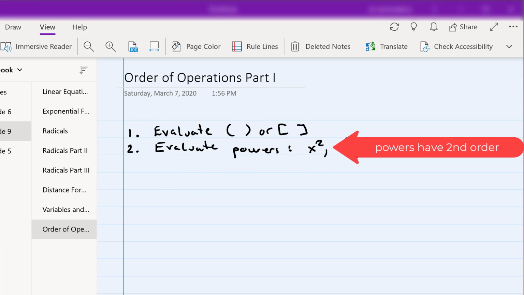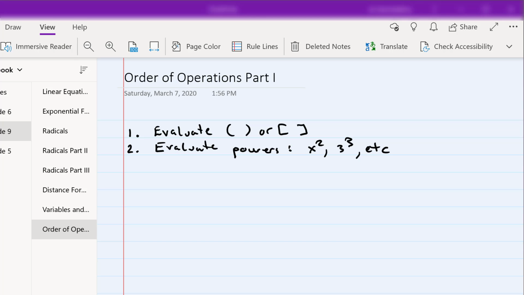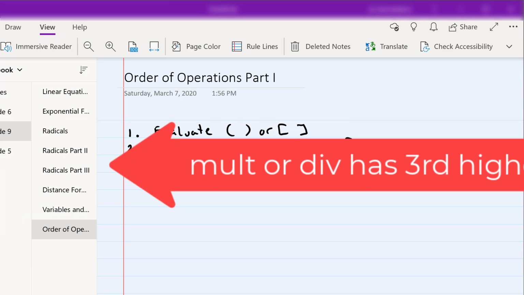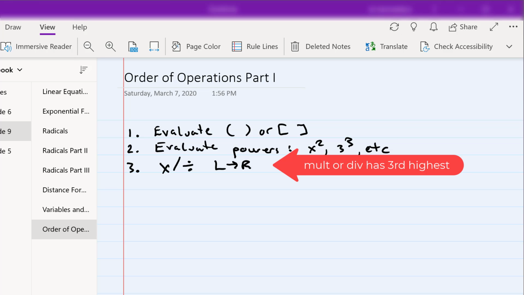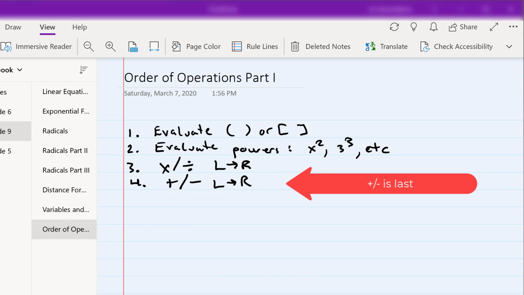The second step is to evaluate powers, such as x squared or 3 cubed, etc. The third is multiplication or division, typically done from left to right. And finally, the last is addition or subtraction, again taken from left to right.